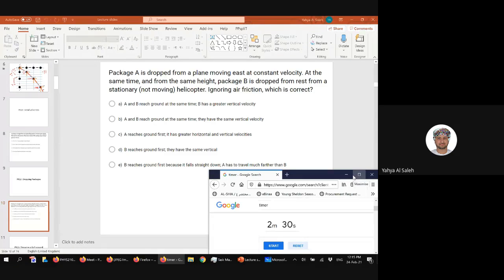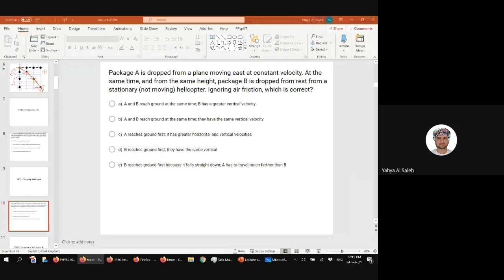Okay. Let's see how we fared. About 100 people answered the question. 80 of you chose option B. About 15 of you chose option E. And 5 people chose the other options.